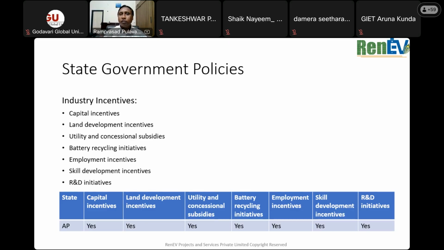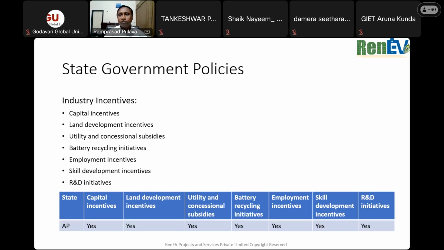If you are taking a connection for water, what are the charges for the water connection? What are the consumption charges? All those subsidies are provided under utility and concessional subsidies. Then there is the battery recycling initiative. Sometimes different state governments provide battery recycling initiatives wherein batteries are collected and disposed of in a safe manner.